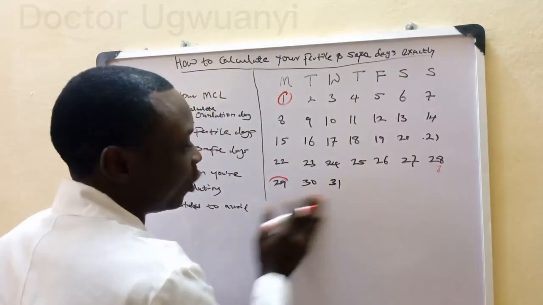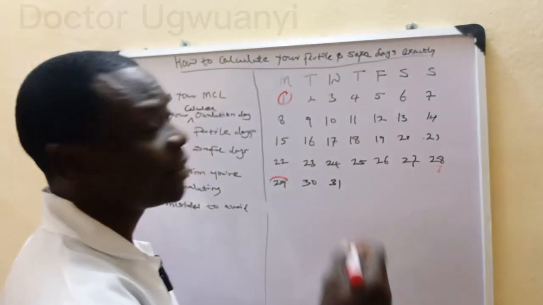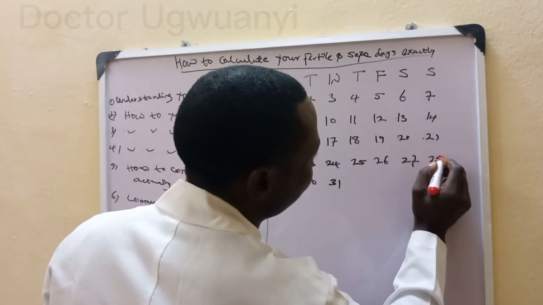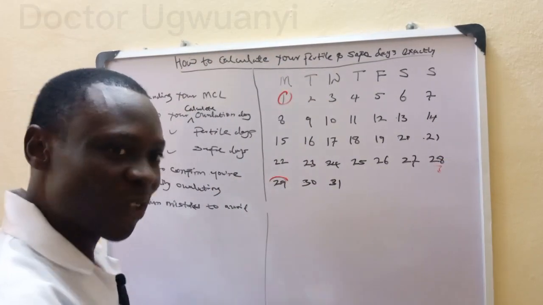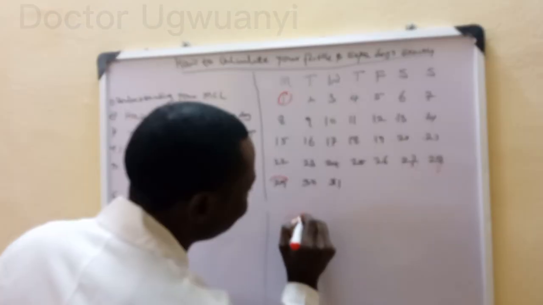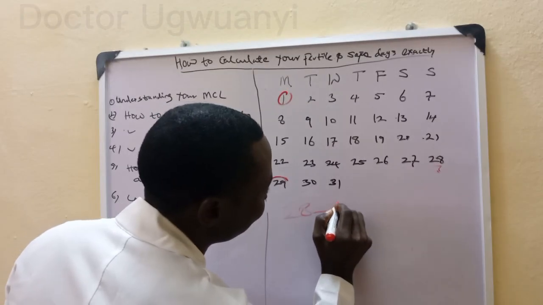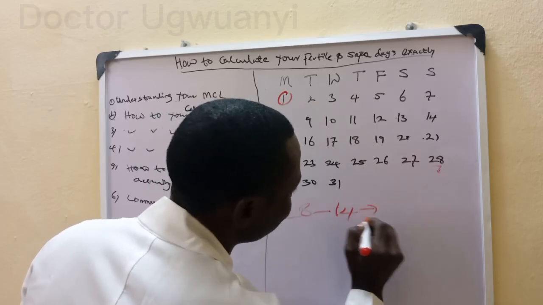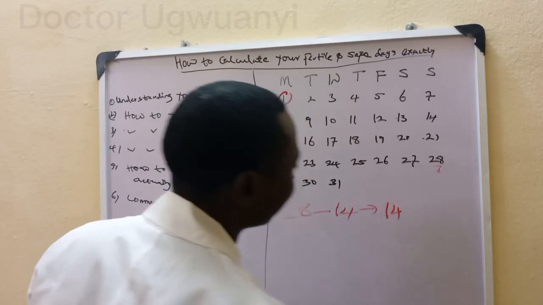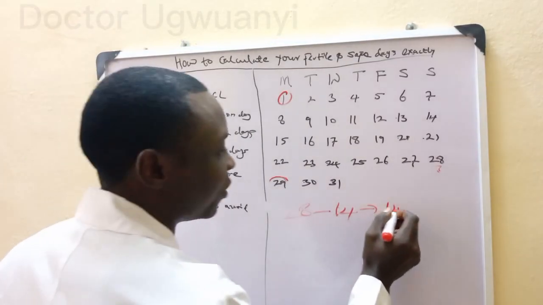So let's say, for instance, we assume that our menstrual cycle length is 28 days. What is our possible ovulation day? Just say 28 days minus 14, and you get 14.